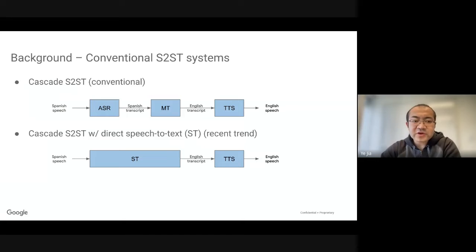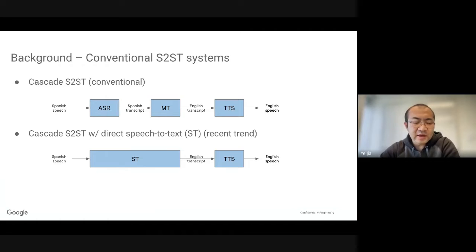So speech-to-speech translation is important for communication among people speaking different languages. People have been building such automatic speech-to-speech translation systems for decades. Conventionally, such systems are composed of multiple subsystems.